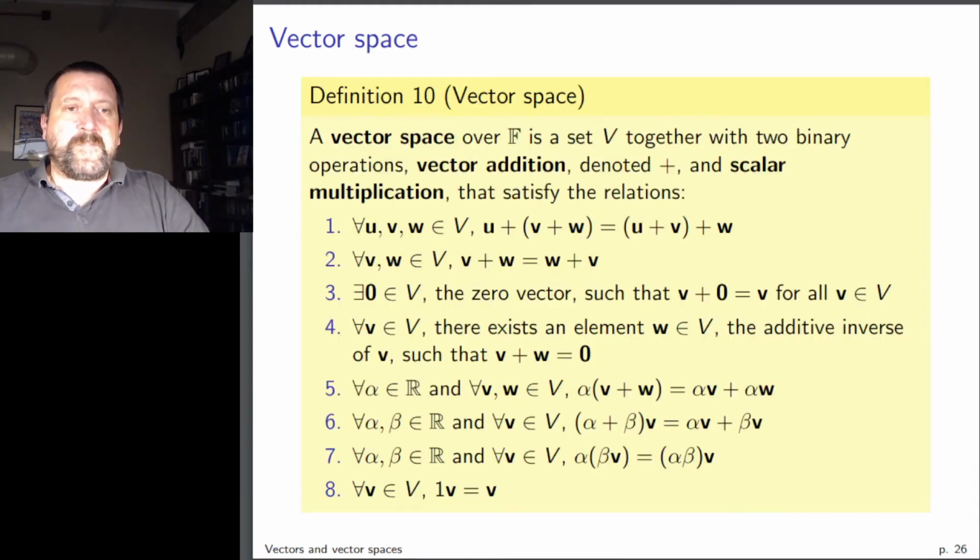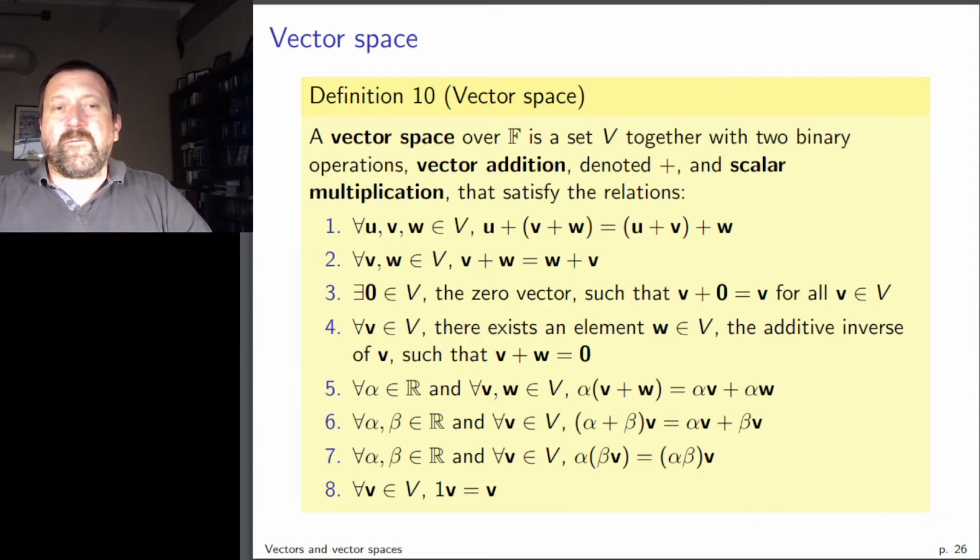Okay. Now, this is something you might not have seen, but it will make a lot of sense if you think about it. So this is what we call a vector space. A vector space over F, it's called a field of numbers, but it doesn't really matter. So a vector space over F is a set V that's equipped with two binary operations.